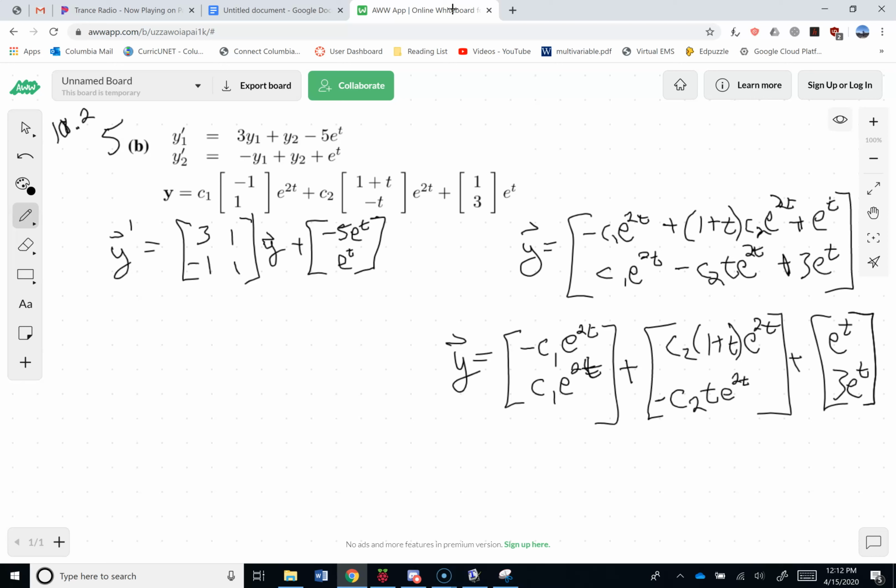And I could multiply the A matrix times the first vector and the A matrix times the second vector and the A matrix times the third vector and then deal with it that way. That would certainly be an option that would work. I'm choosing to condense everything because my next step's going to be to differentiate, I guess.